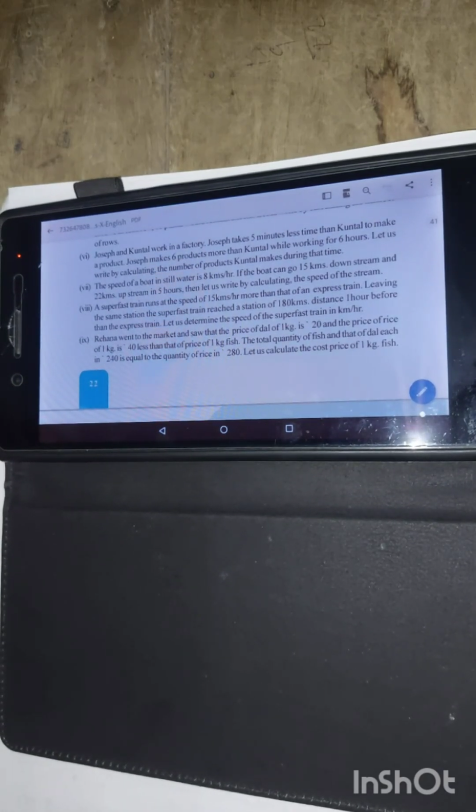Now let us read question number 6. Question number 6 says, Joseph and Kuntal work in a factory. Joseph takes 5 minutes less time than Kuntal to make a product.